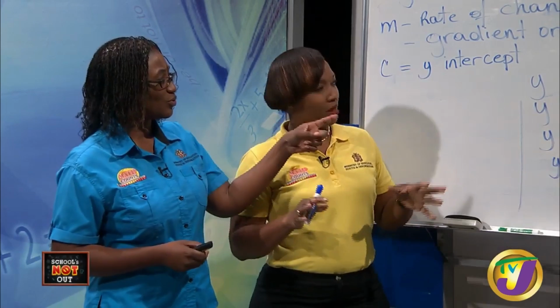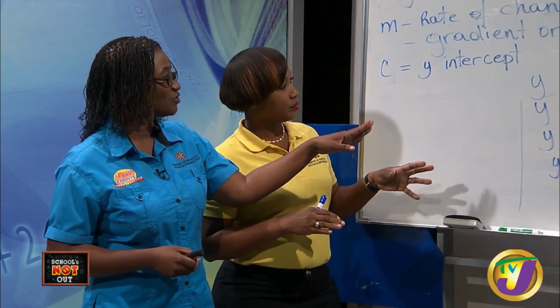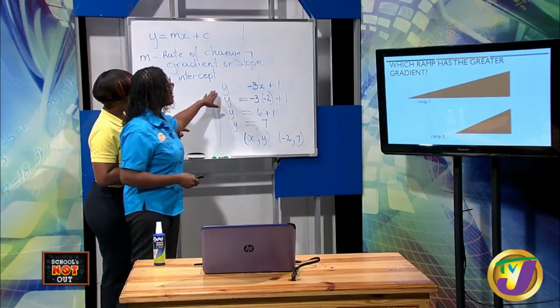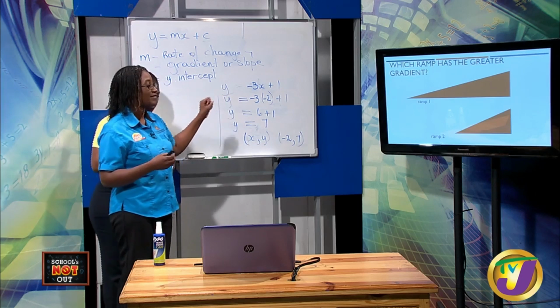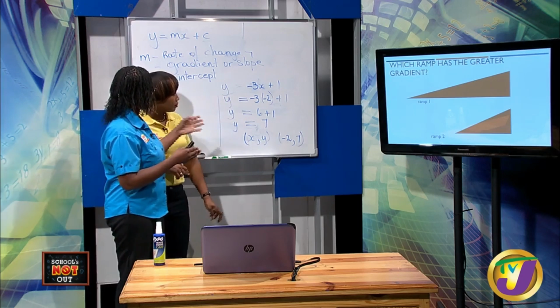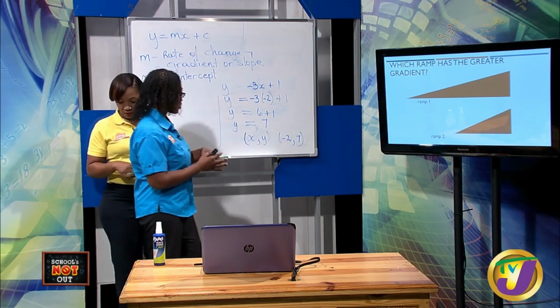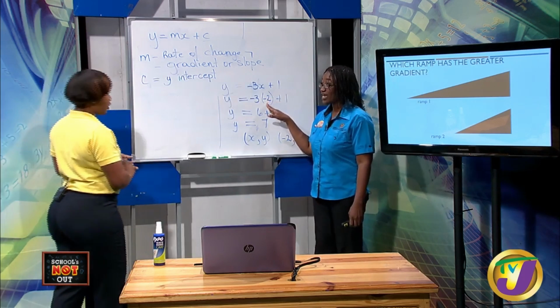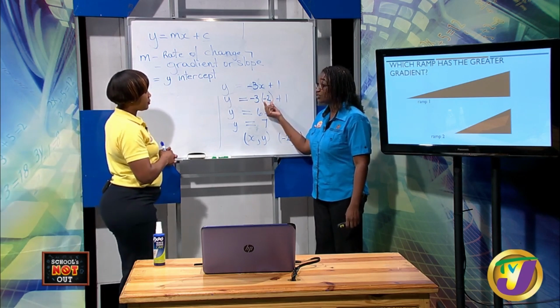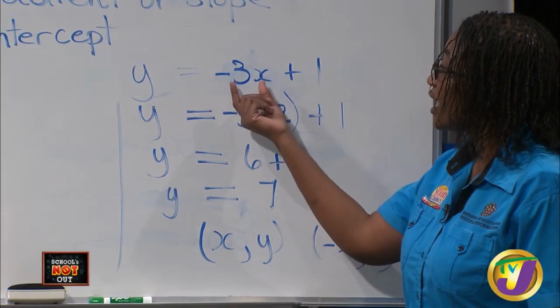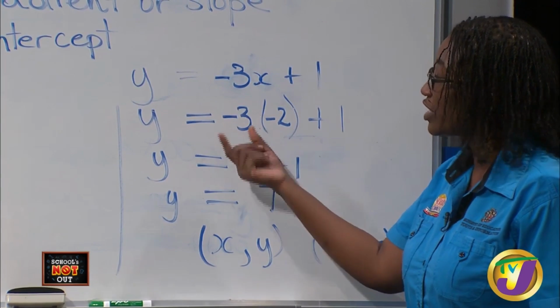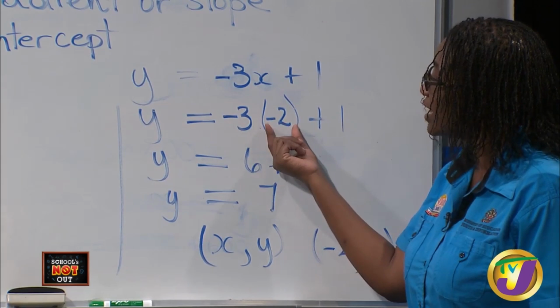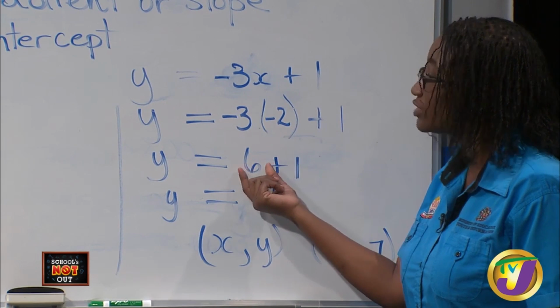Awesome. All right, now Tamika. We're going to look up a little bit at what we're doing. We wanna remind our viewers that whenever we are calculating the value for y, as we're getting our ordered pairs, we're substituting a particular value for x. So in this case, we substituted negative 2, and our rate of change was negative 3. So negative 3 times negative 2 gives us a positive 6.